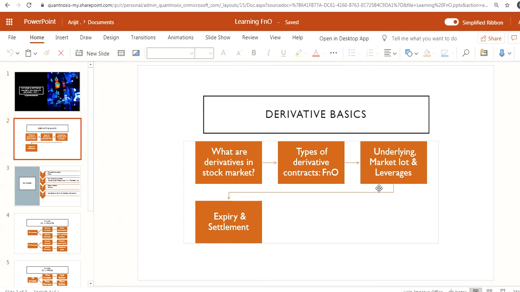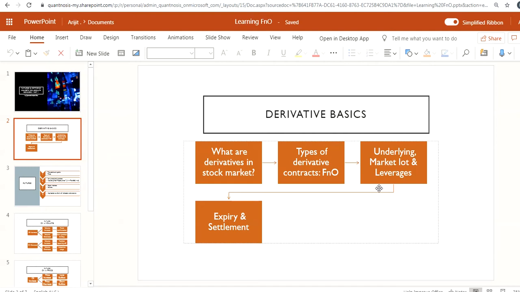Basically there could be two types of settlement: cash settlement or physical settlement. In cash settlement, the difference between the derivative and the spot based on your entry will be settled by payable or receivable cash, which means you are either paying or receiving the money directly. In physical settlement, you will receive the physical version of the underlying.